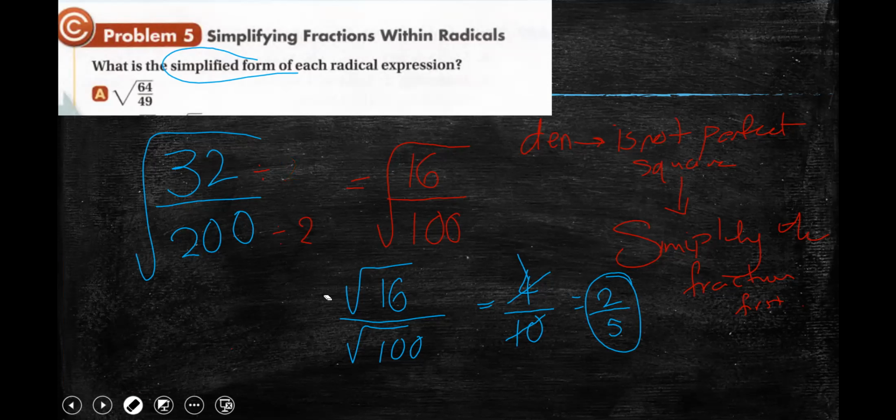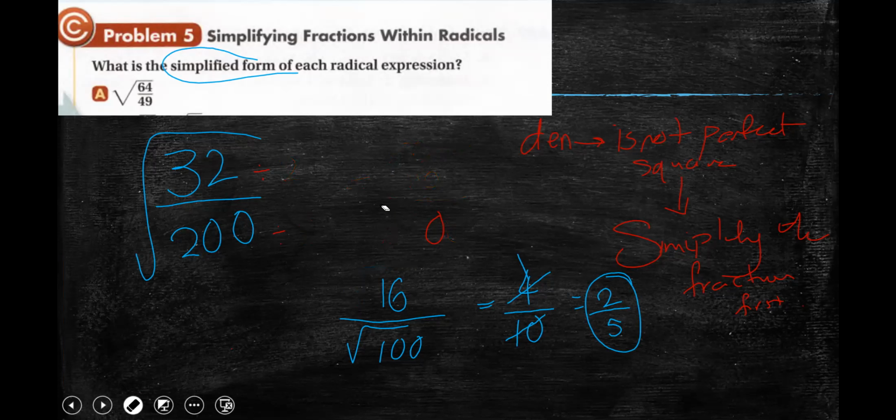Divide it by 8. 8 or 4. By 8, 32 over 8 is 4. And 200 over 8 is 25. And then you distribute the square root, and you get the final answer as 2 over 5. As you want. If you think about 8 quickly, it will be easier.